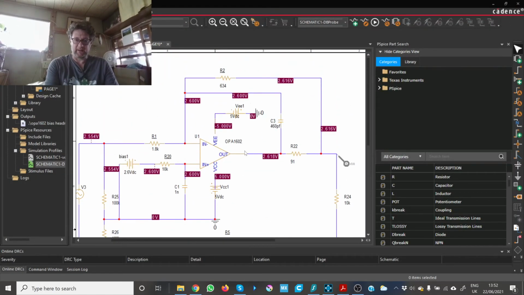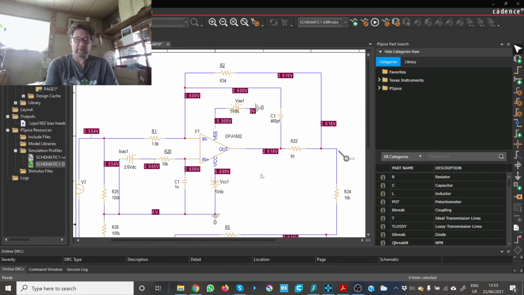Okay, just a quick update. I'm looking at the filter on the Oppo 1602, but it's also good on the 1637, and I'm making a design from both chips.